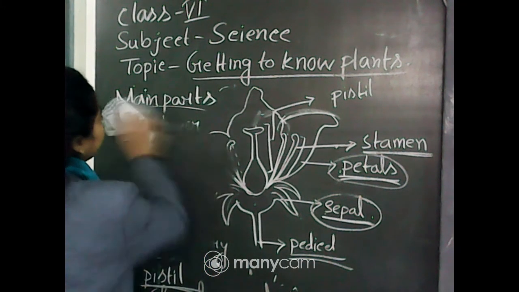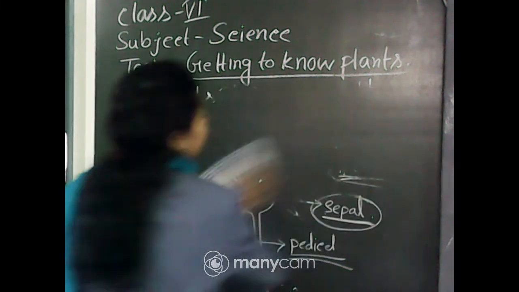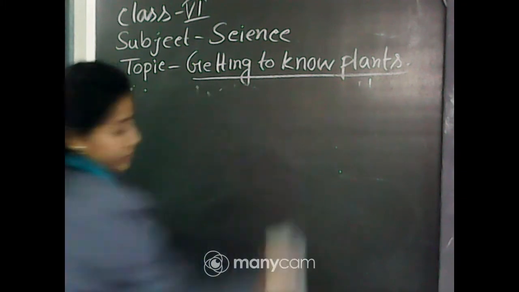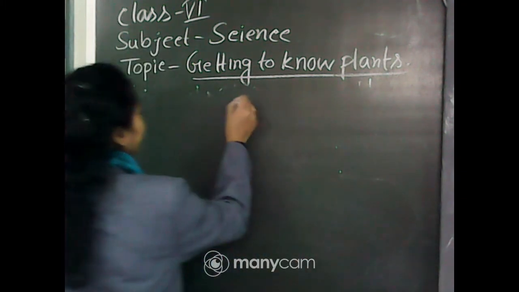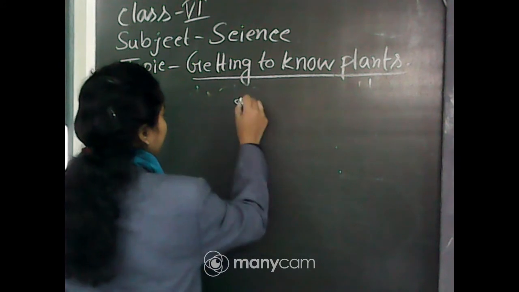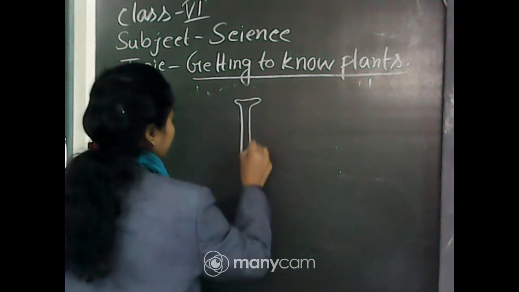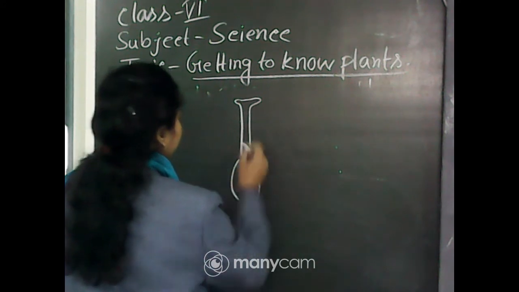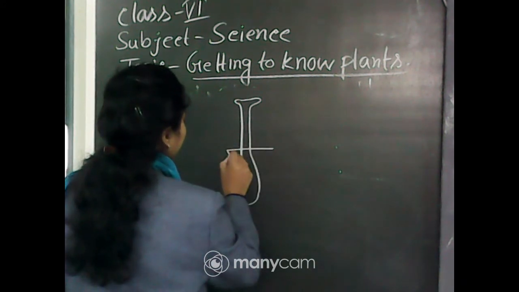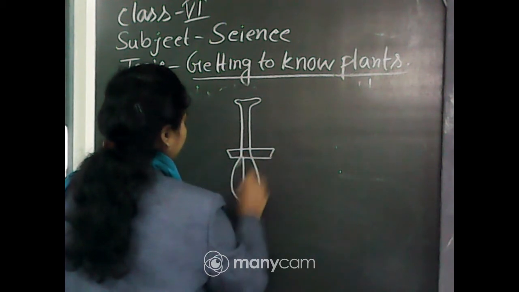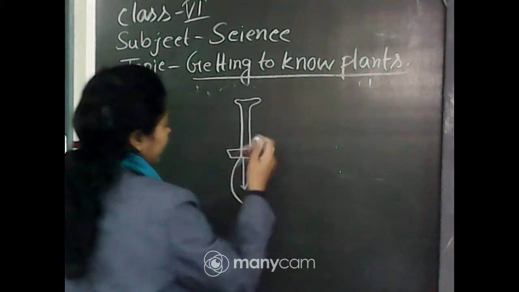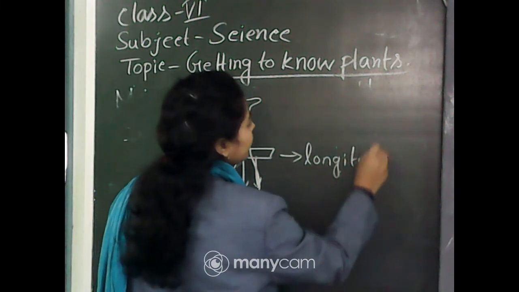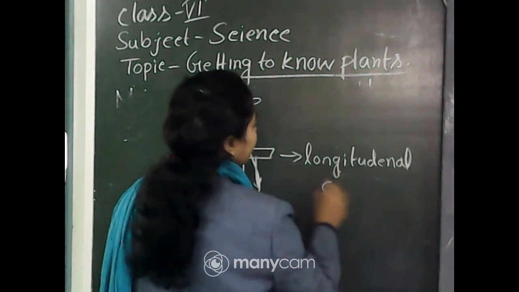I am rubbing out this portion. If this is the pistil, just cutting over here in this portion. Okay, this is called a longitudinal cut.